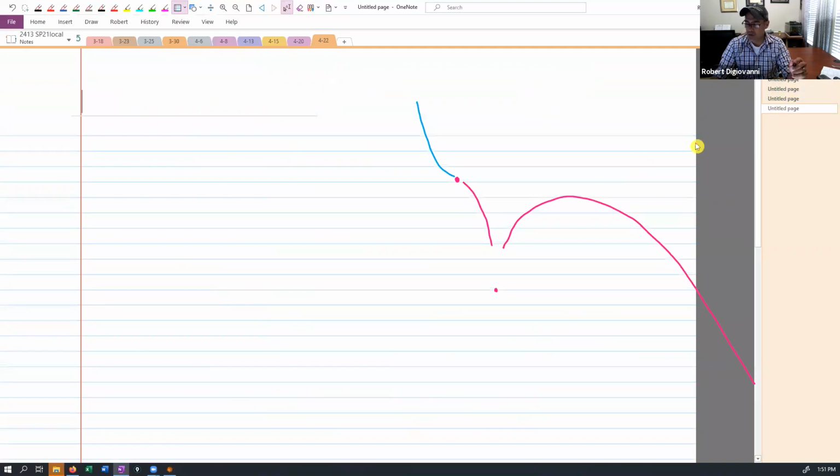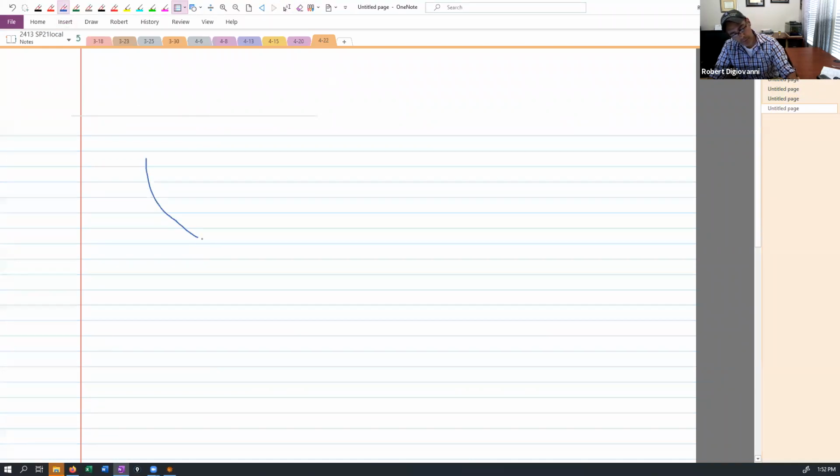At the end of the day, there's only two possibilities you can have with an inflection point. You can have a smile that turns into a frown, or you could have a frown that turns into a smile. Those are the only possibilities you can have when it comes to inflection points. Do y'all see that?